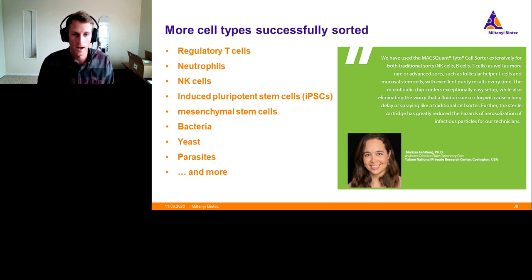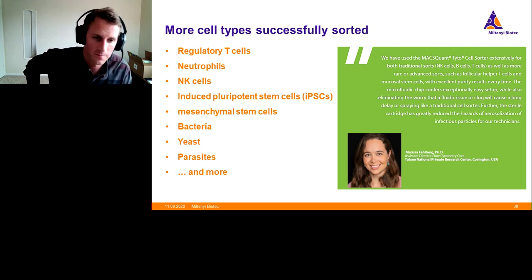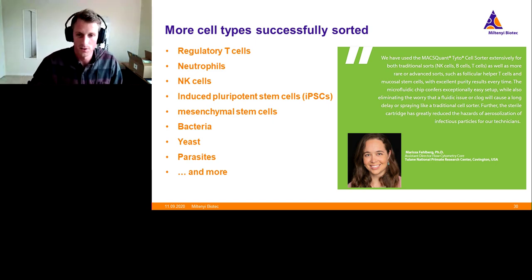So iPS cells are usually quite large. T cells, everything can sort a T cell, but bacteria will sort well, parasites, really, if you come up with it, we'll give it a shot.